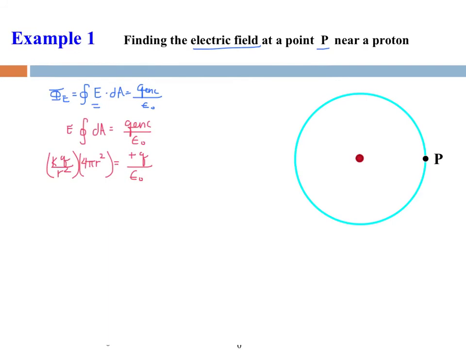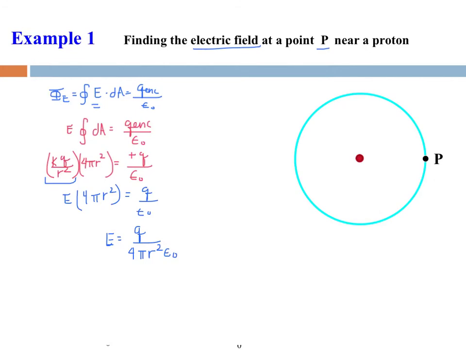So actually, since we're trying to solve for the electric field, instead of putting it in like this, I'm going to leave it as E, and I'm going to try to solve for E. So that means my electric field at point P is Q over 4 pi r squared epsilon naught.